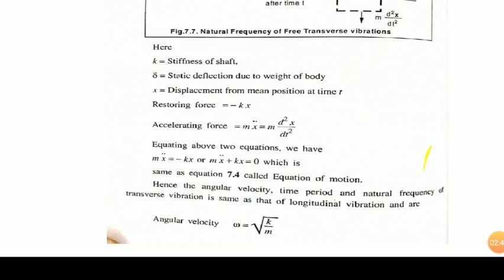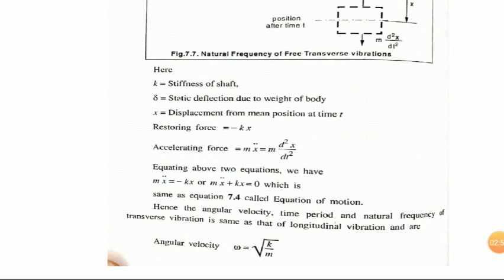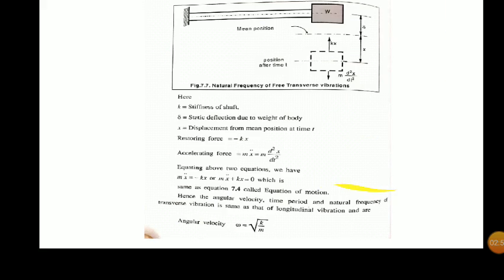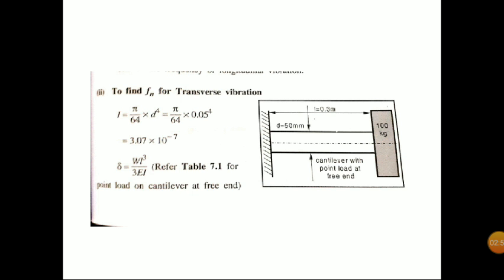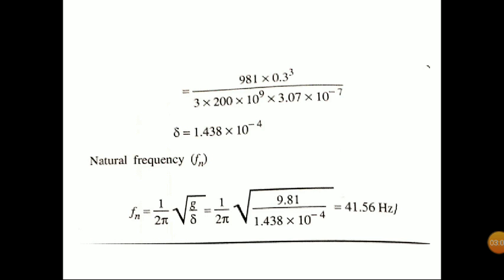So what we have to know is the amount of deflection delta. If you look at the previous problem, to find the natural frequency of transverse vibration, we just have to know delta, and finally we substitute that delta value in this equation, that is 1 by 2 pi into root of g by delta, to find the natural frequency.